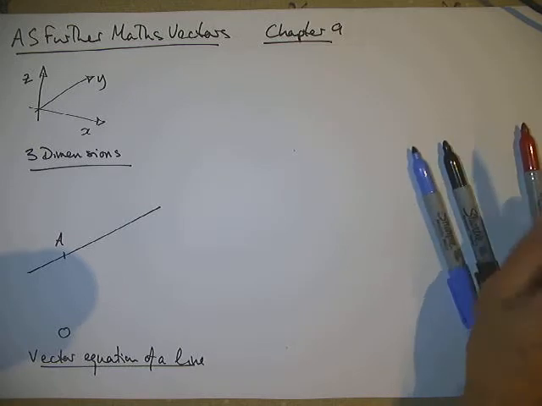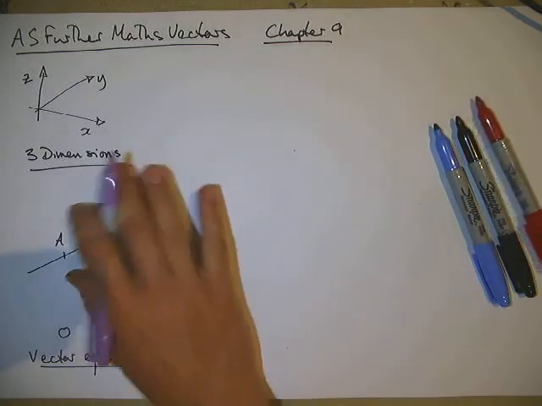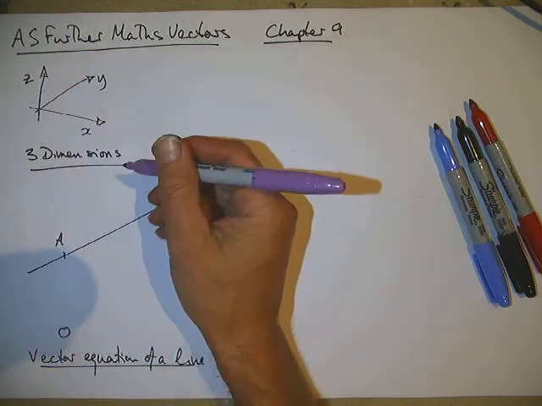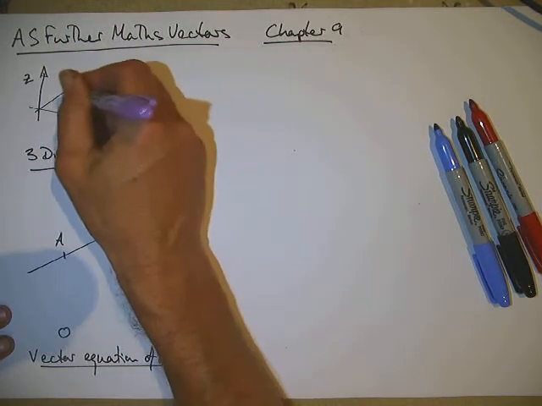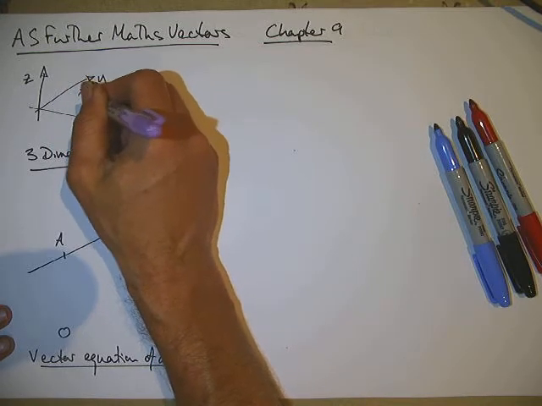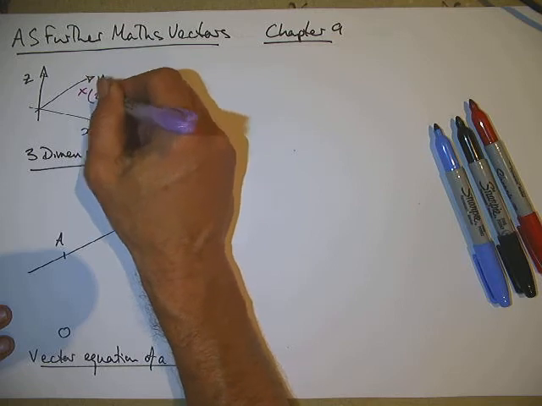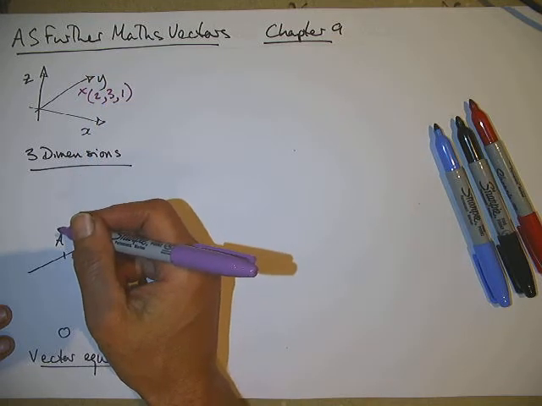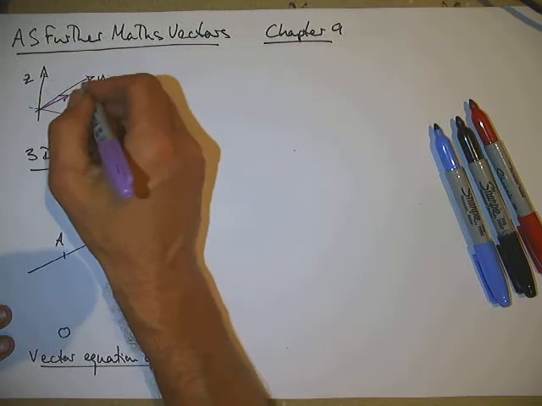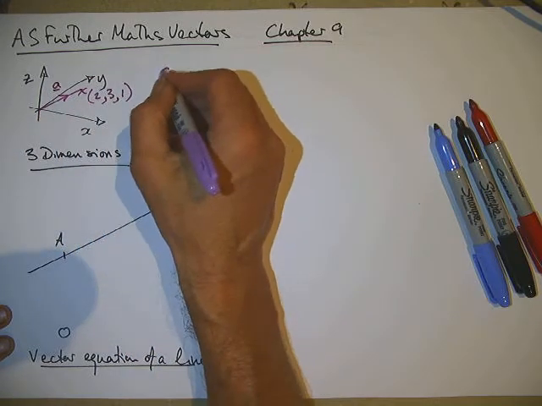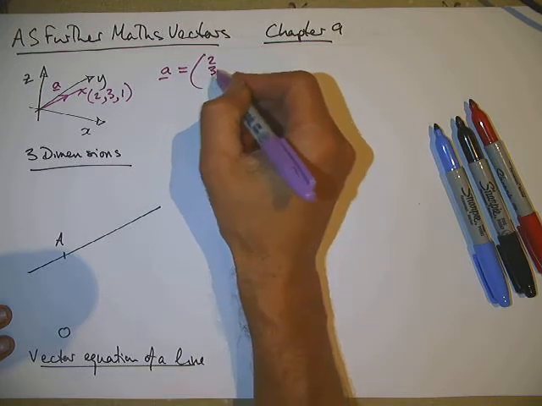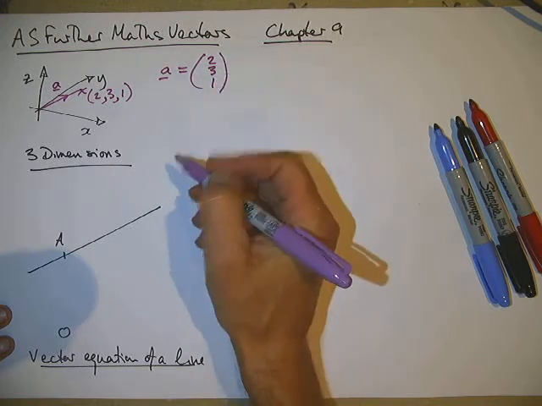First thing they do is they introduce the idea of three-dimensional space. So we have the x-axis, the y-axis, the z-axis. Let's say a point had an x-coordinate of 2, a y-coordinate of 3, and a z-coordinate of 1. Then that vector in column vector form would be 2 across, 3 along, 1 up.